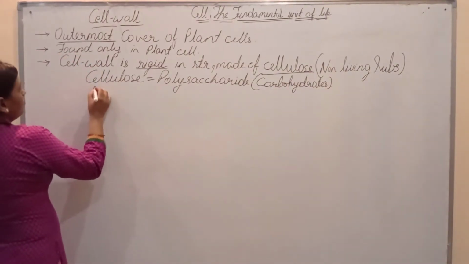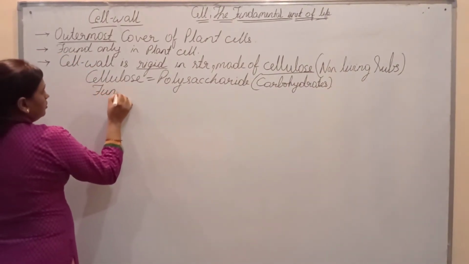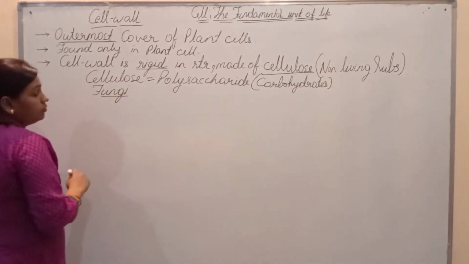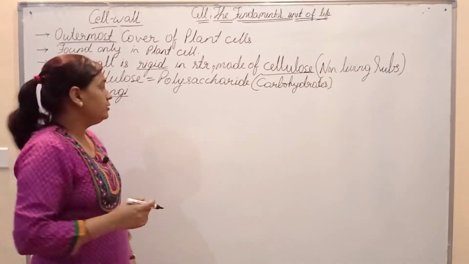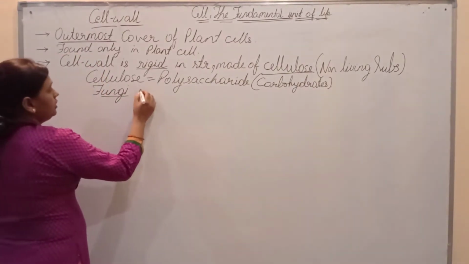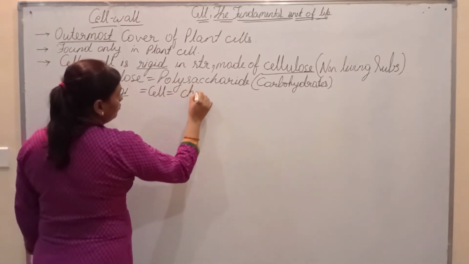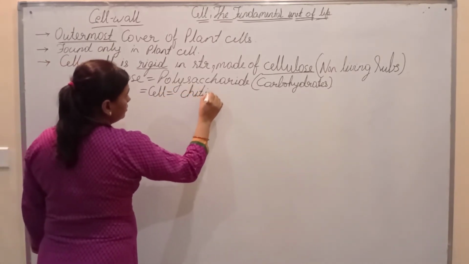Now the wall of fungi. We might have heard this name fungi. We will read about fungi in later classes. The cell wall of fungi is made of material chitin.